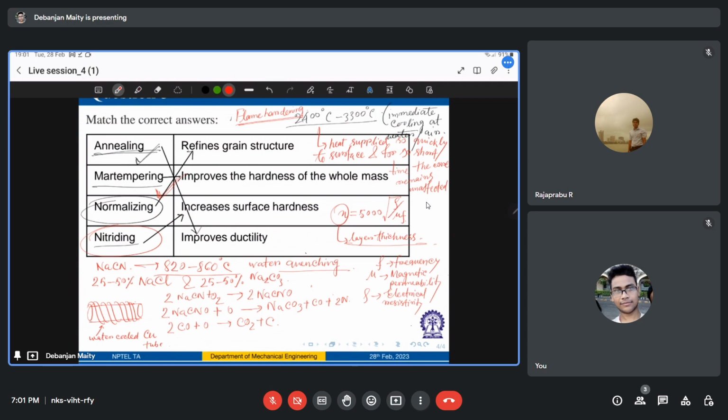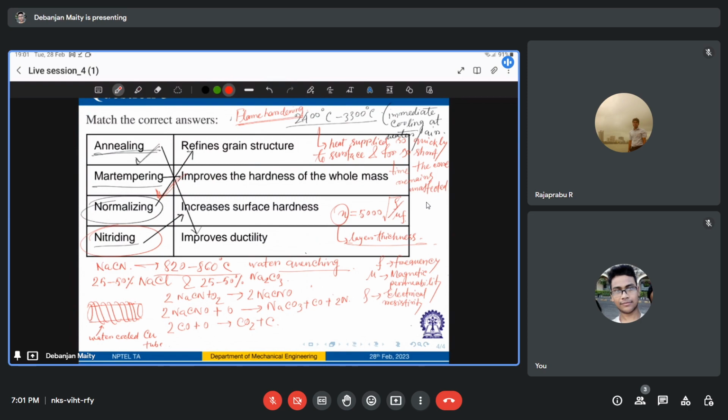The heating rate is in the range of somewhere around 300 degrees C per second for hypoeutectoid steel, and subsequently the heating time is very small, on the order of 2 to 50 seconds, very little.